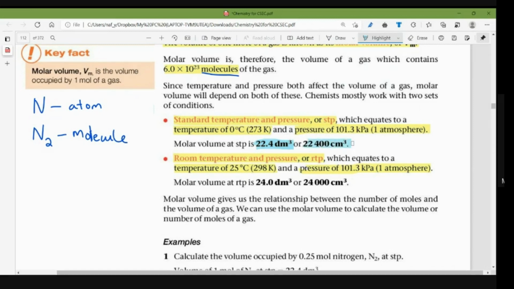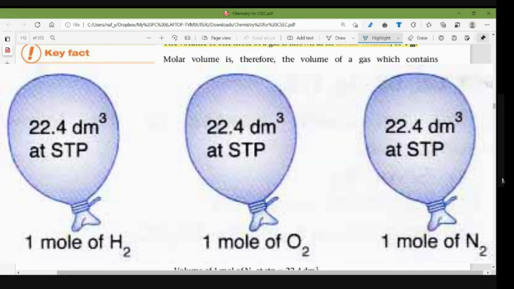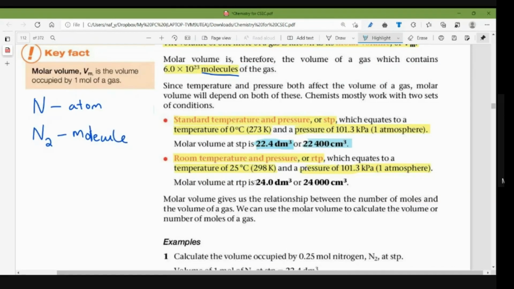It can be expressed in cm cube, but we mainly work with it in dm cube, ladies. All right. If the gas experiences room temperature and pressure, RTP, then 1 mole of any gas that you can think about is going to occupy 24 dm cube.